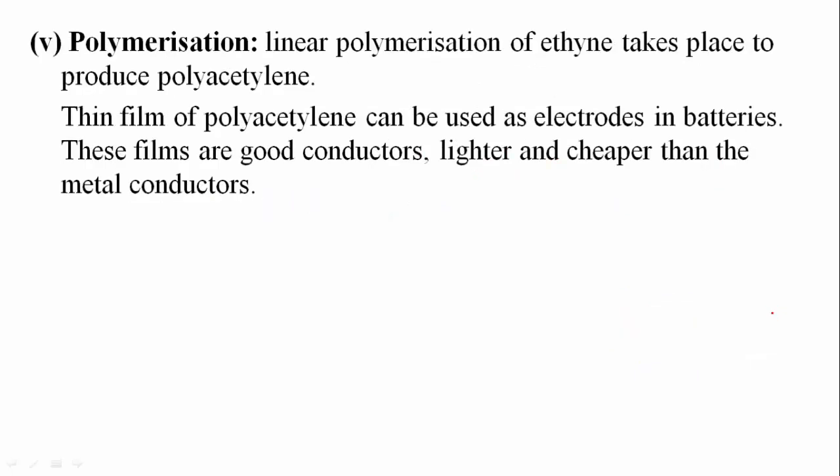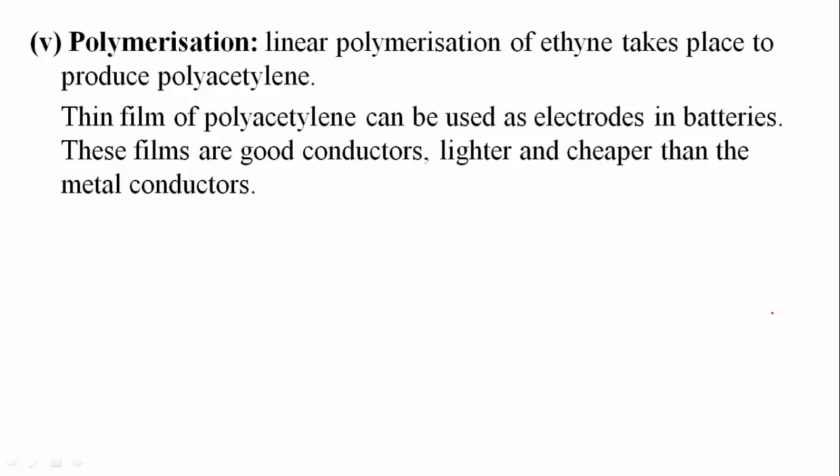Next, polymerization. The linear polymerization of ethyne takes place to produce polyacetylene. As you know, polymerization means joining or linking single units to form a large molecule having high molecular weight, and that process is said to be polymerization.